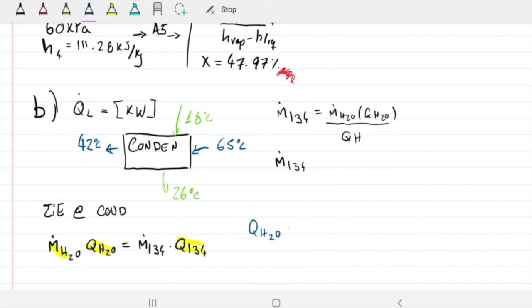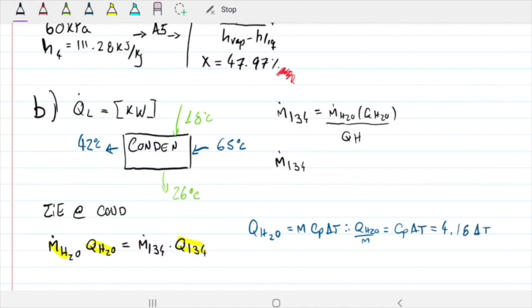If you recall, it's going to be mass times Cp times delta T. If I want it in kilojoules per kilogram, I can divide by the mass, so I'm going to have Q over m, which is Cp delta T. Okay, Cp for water at 20 Celsius, you can find in table A3. That's 4.18. And then our delta T we have from 26 to 18.